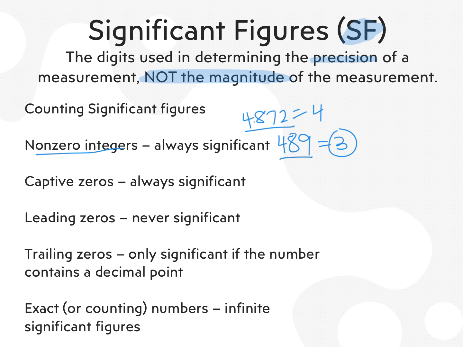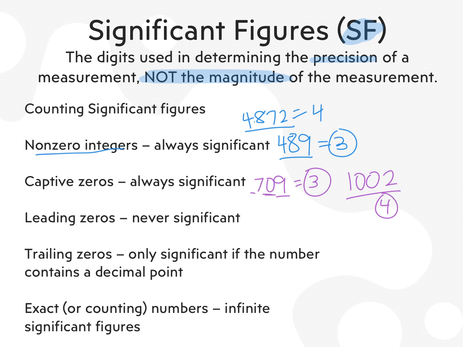So you can have captive zeros, that is zeros stuck between other integers, like 709. That zero is stuck between 2 non-zero integers, so that would be 3. Or if I had a billion, or let's make it smaller, 1,002, those zeros are stuck, so that would be 4.